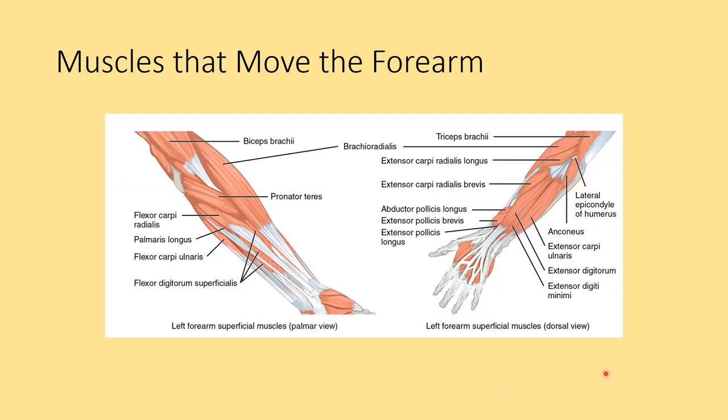Now the forearm. Now we're getting into more and more muscles. So here's the bottom of the biceps brachii right here. We saw the little bit of the brachialis before. Here's the brachioradialis. So now that's going to be further down. The pronator teres, the flexor carpi radialis.